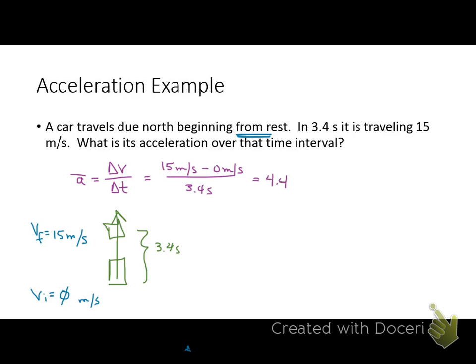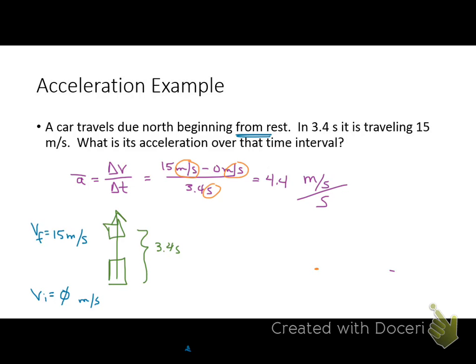Now here's the deal. You're wondering what the units will be. Well, we have to keep the units that were in our problem. When you work problems like this, you just need to make sure you have your units. So the units of acceleration are meters per second per second.